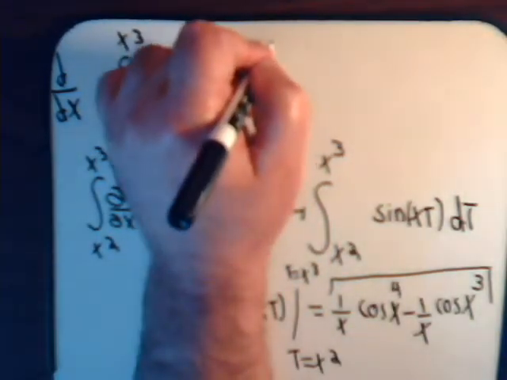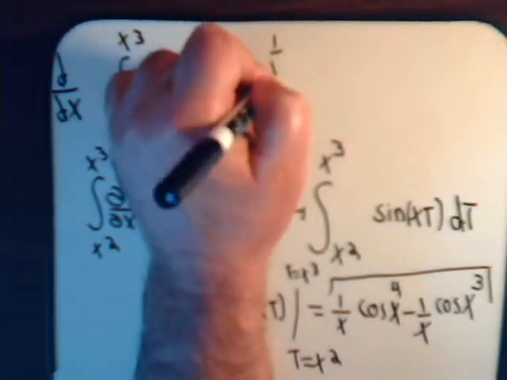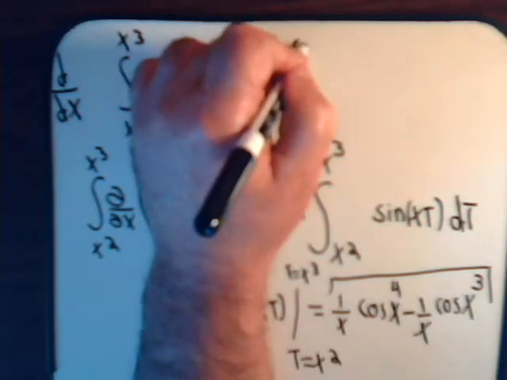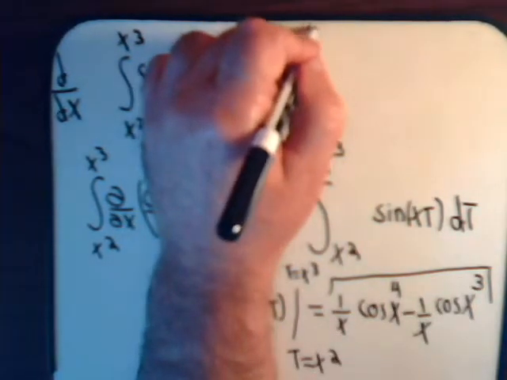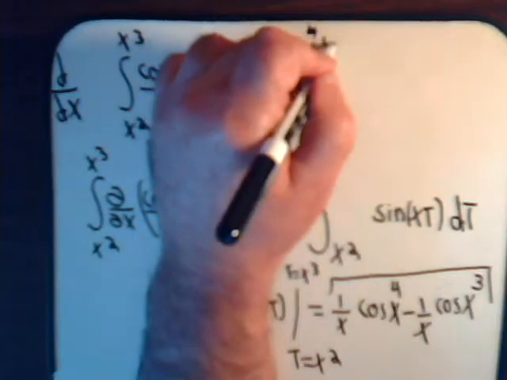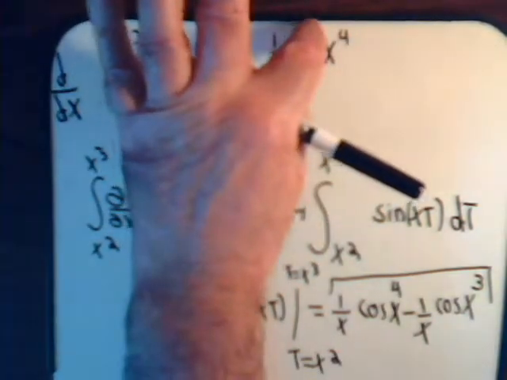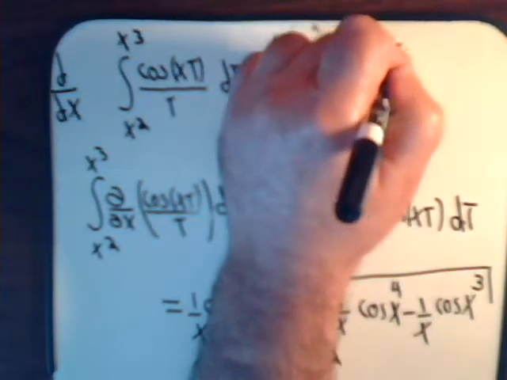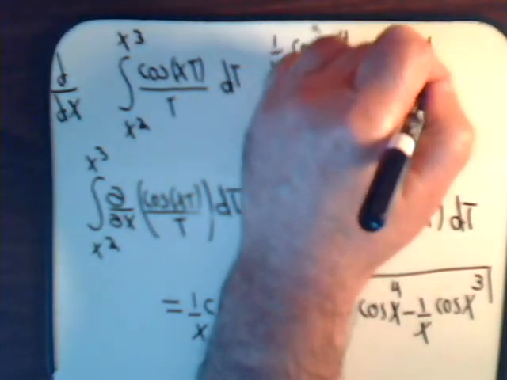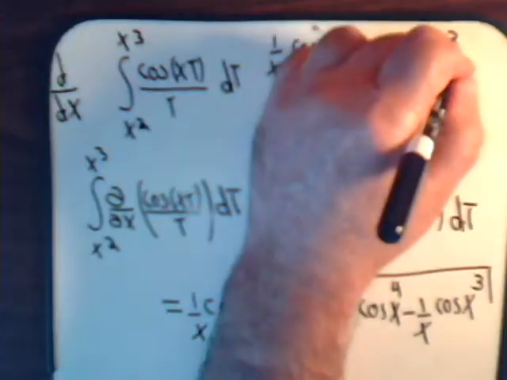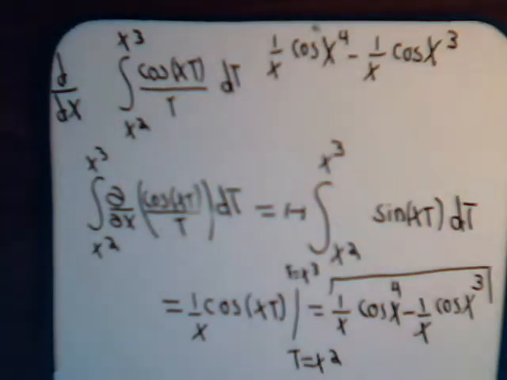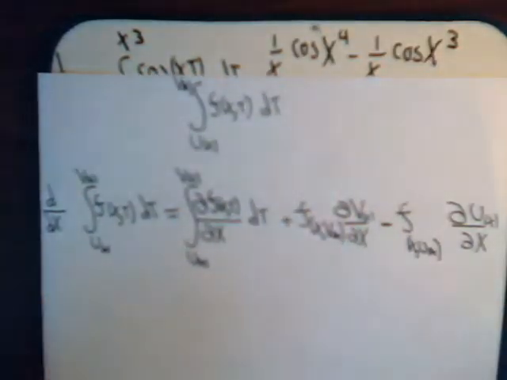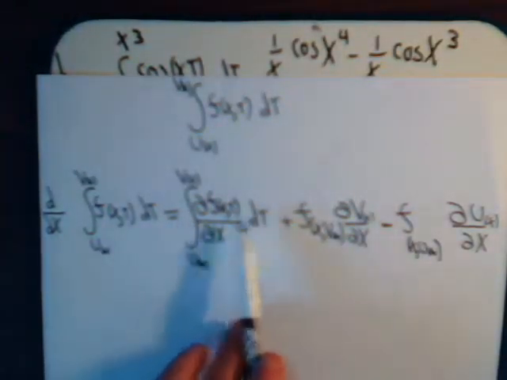So we have 1 over x cosine of x to the fourth minus 1 over x, the cosine of x cubed. So those are the first two terms that we have in our formula that came from here.